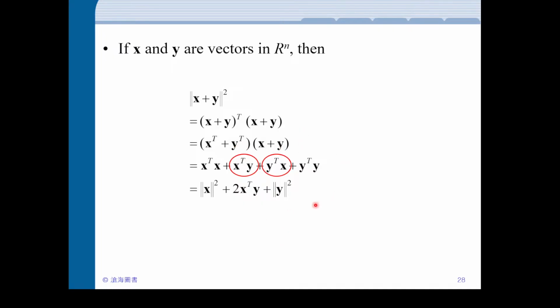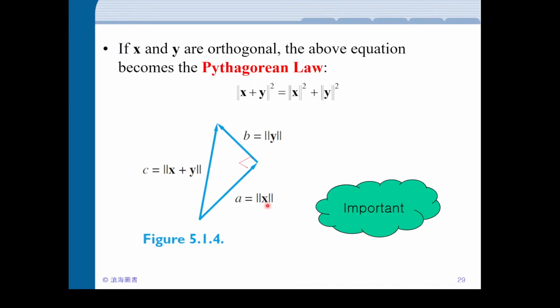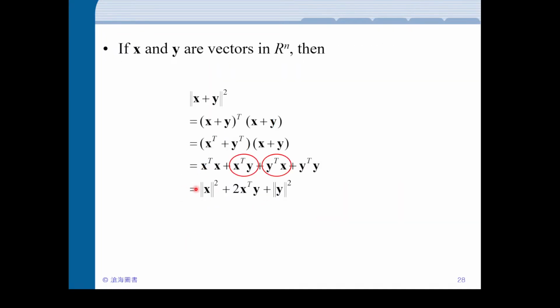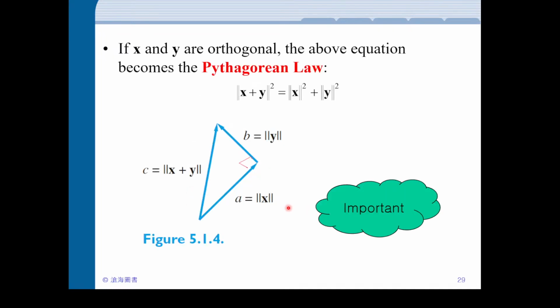You multiply everything out, and you have x inner product with x, y inner product with y, and 2 of x inner product with y. When x inner product with y equals 0, then it's just equal to length x squared plus length y squared.